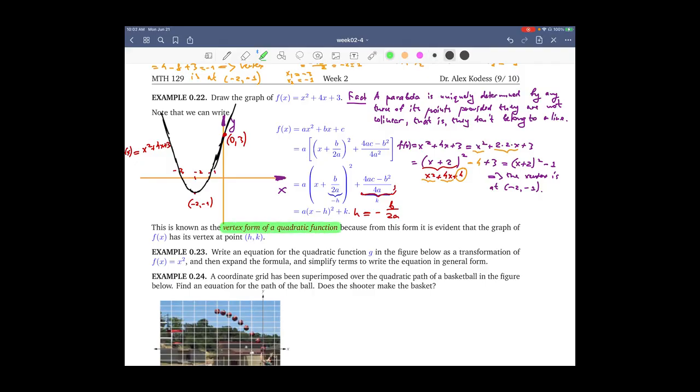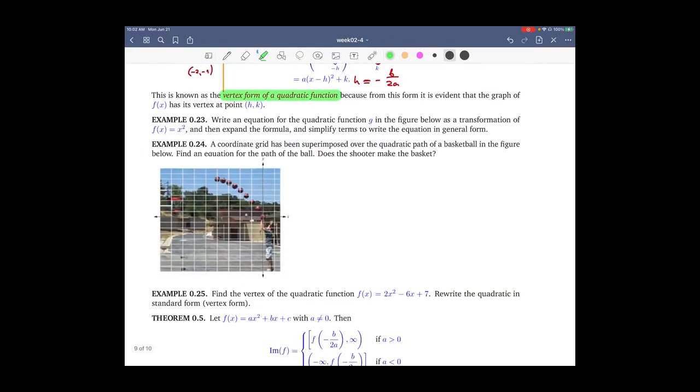Now the example that I promised. We have a coordinate grid superimposed over the photograph in which a basketball player is throwing the ball, aiming at the basket.